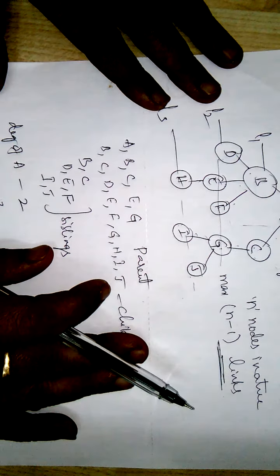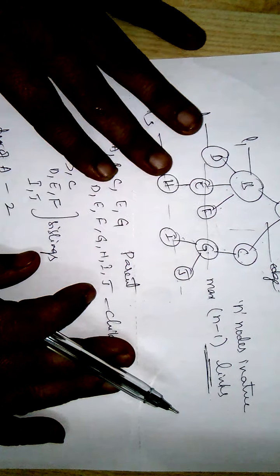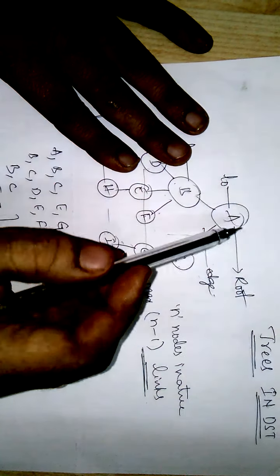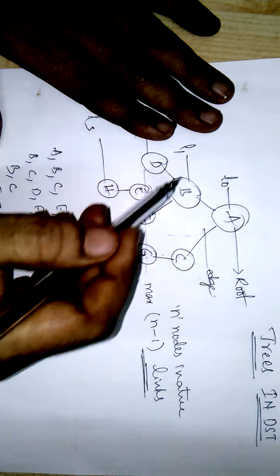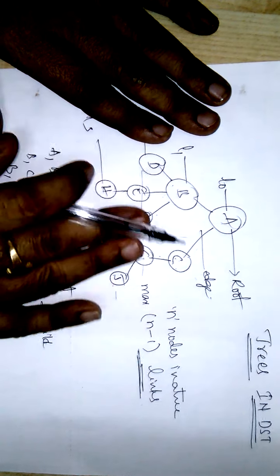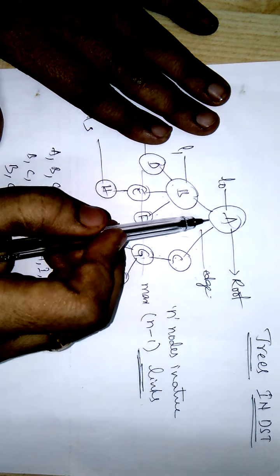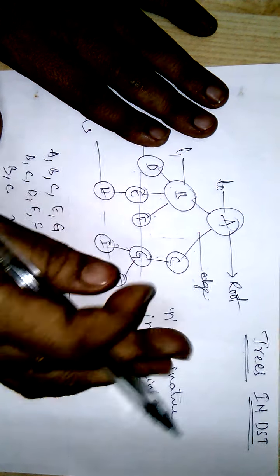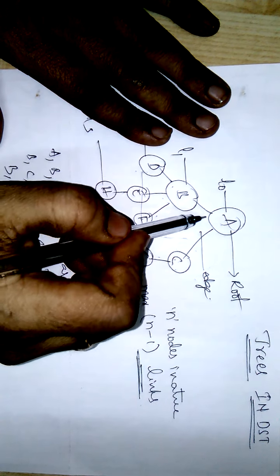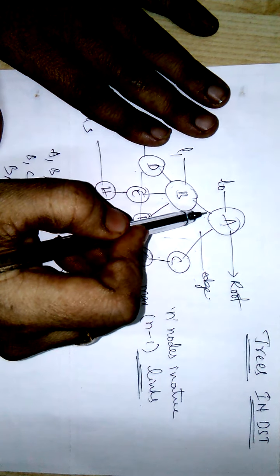Now in a tree data structure, a node can have any number of children. We say A is a node.